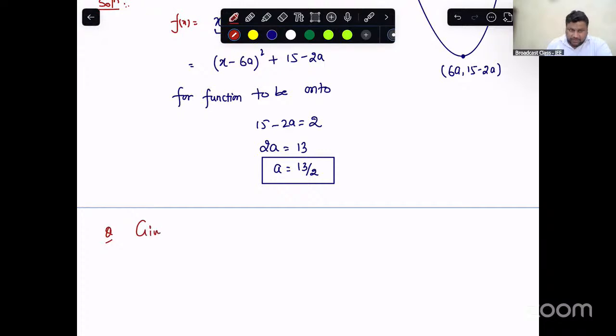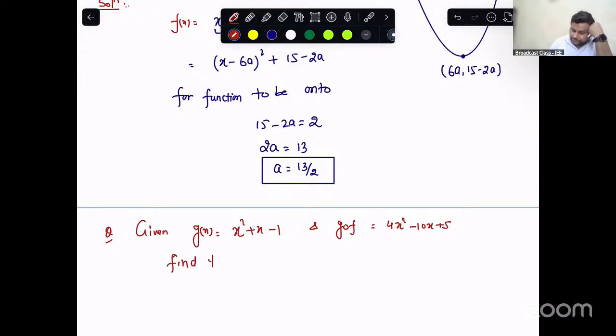Now write down another question. Given gx is x square plus x minus 1 and gof is 4x square minus 10x plus 5.